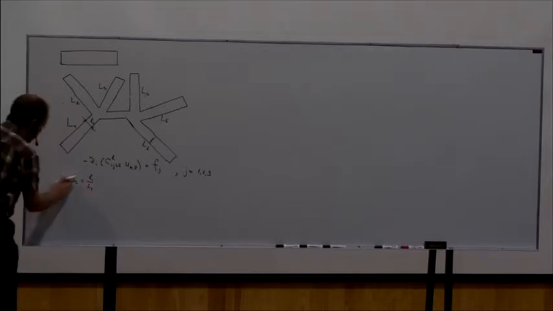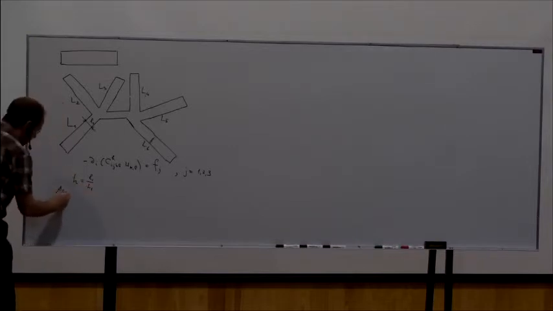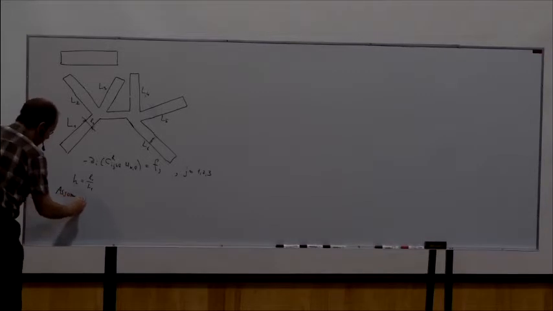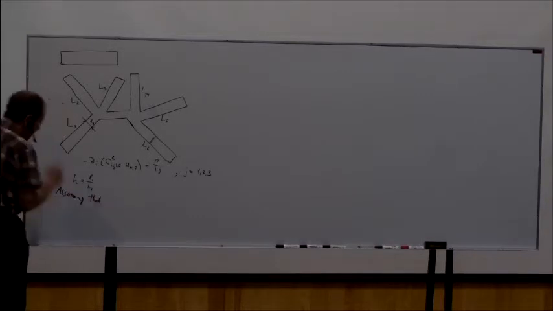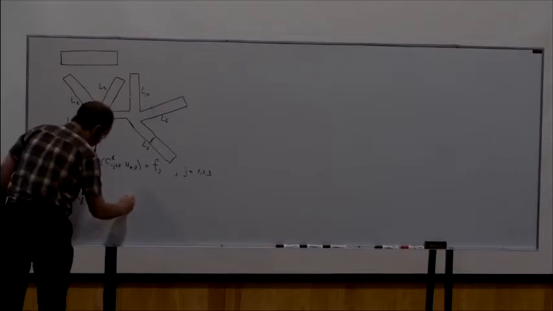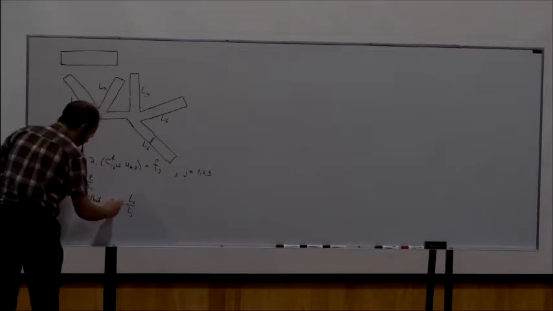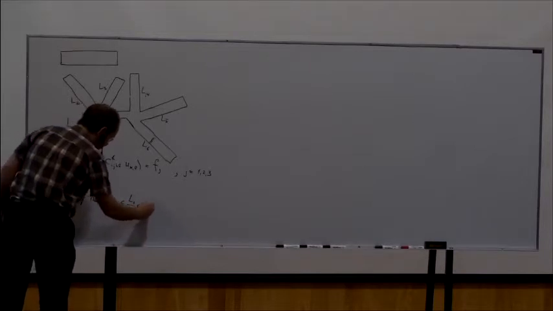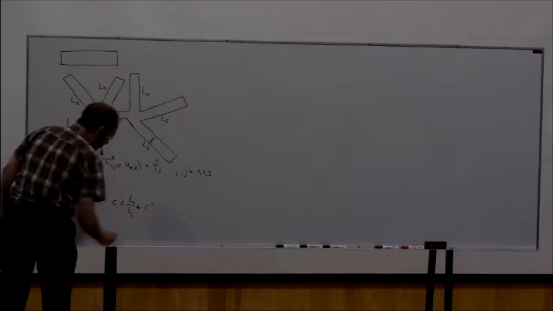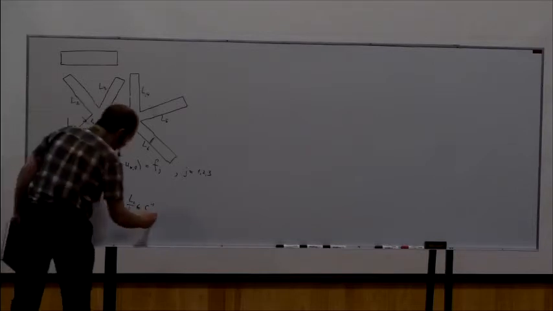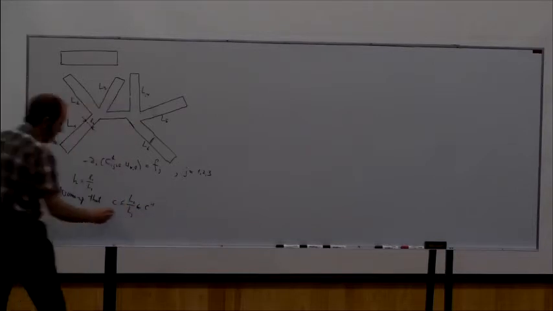But we are assuming that Li over Lj are bounded below and above by some fixed positive numbers, uniformly in i and j, right?